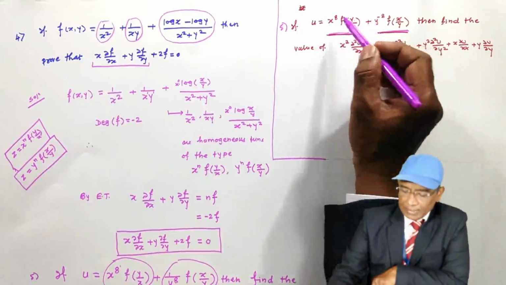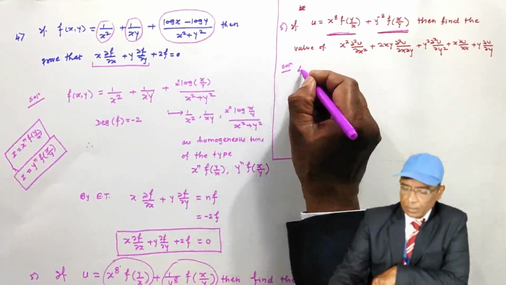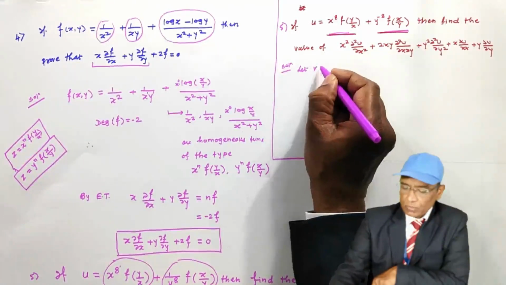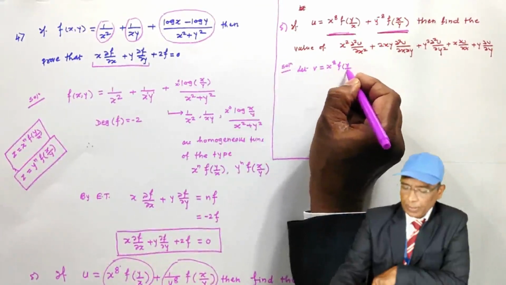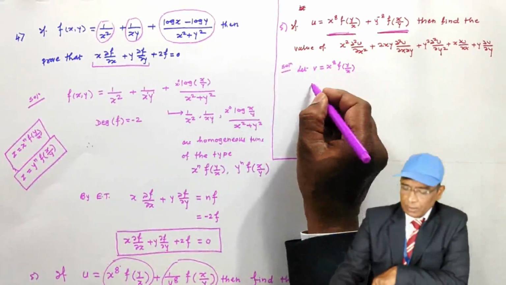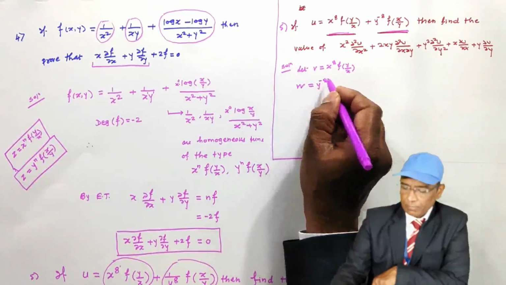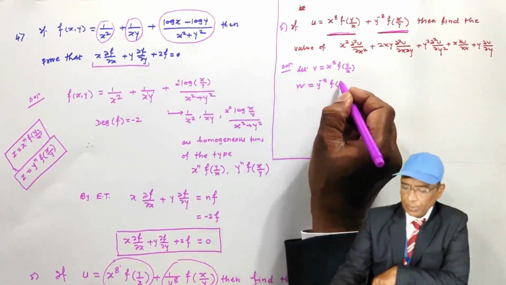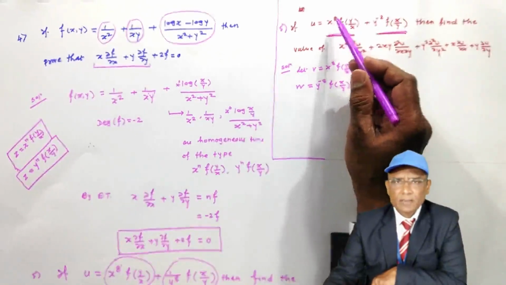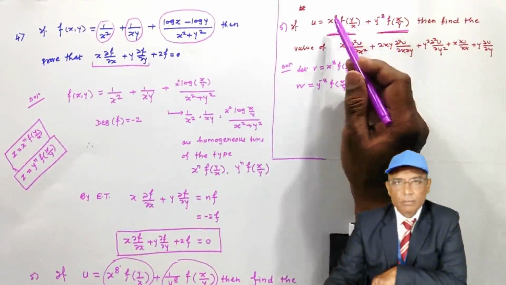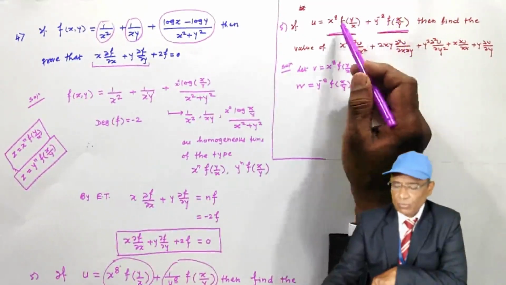So we have to let v be the first function, and w be the second. See, in examination 8 may be replaced by any other integer, by n also, by 3, 2, 4 also, like that.